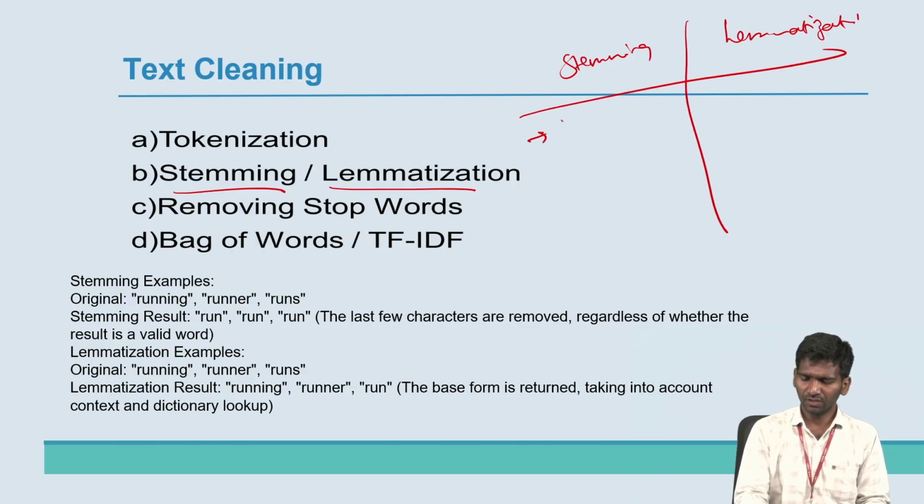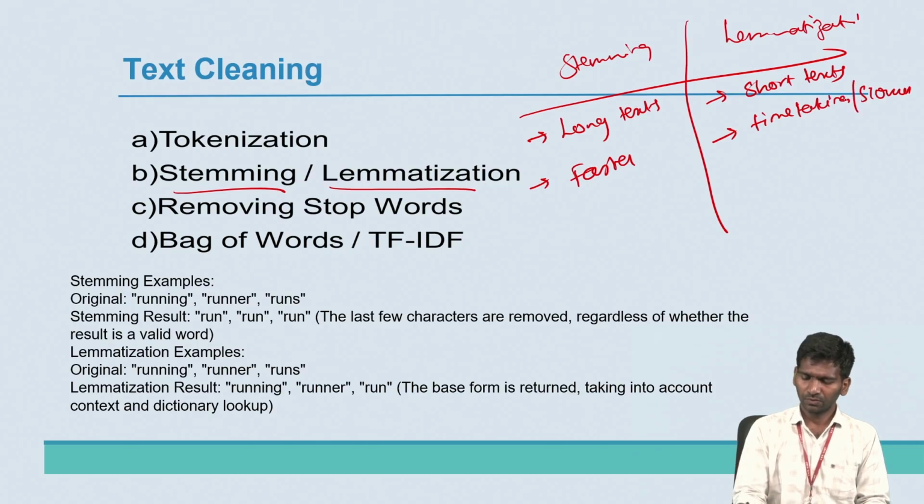Stemming can be used for long texts, lemmatization for short texts. Stemming is faster, while lemmatization is time taking or slower. But stemming may not be correct, so our root words may not be correct.